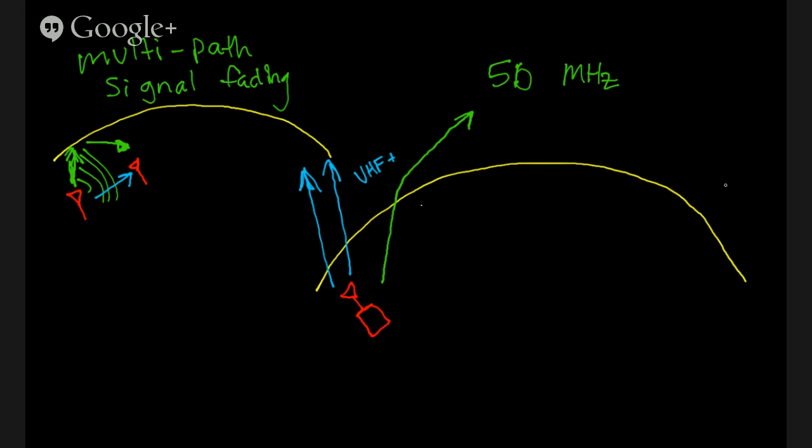At 50 megahertz it is not very pronounced, but everything below 30 megahertz will be reflected back at some point or another in different layers of the atmosphere, depending on the frequency involved.